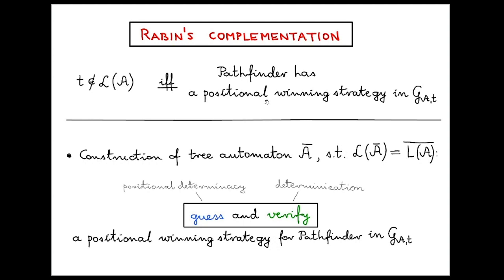Right? Because by determinacy we know that if Automaton doesn't have a winning strategy, then Pathfinder does.